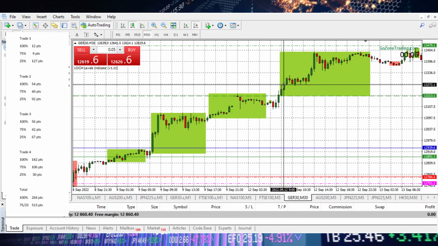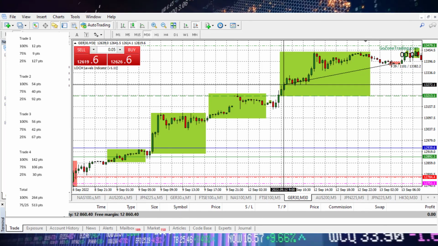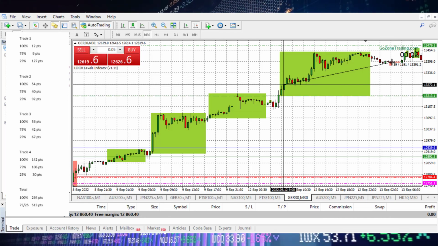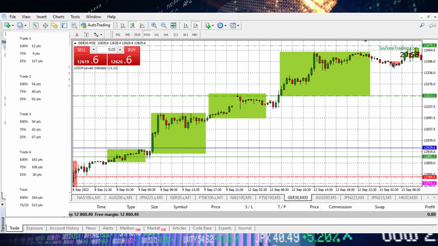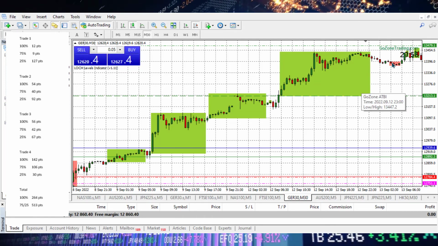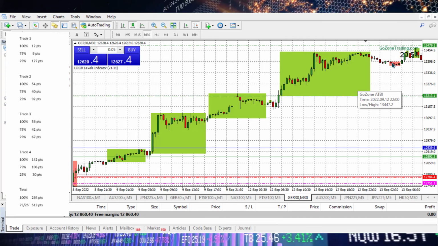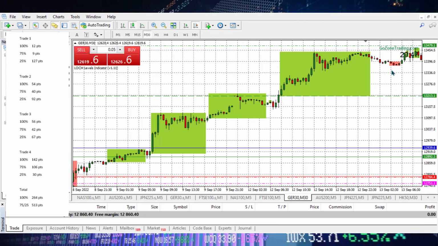And last but not least, on this trade, you would have ended up with 120 points on that last 25%, which would have netted you about 30 points, plus the original 106, that would have given you 136 points instead of the 142.